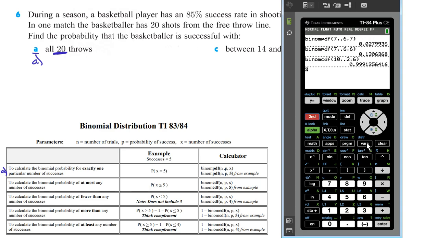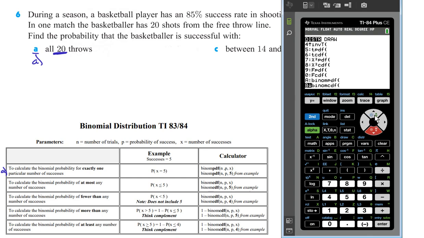So we're going to use this one here for part A. We'll do second variables, move down to binom PDF, which is the A here. 20 shots means there's 20 trials. The probability of them making it is 0.85 because that's 85%. Then we want to know the probability he's going to make all 20.